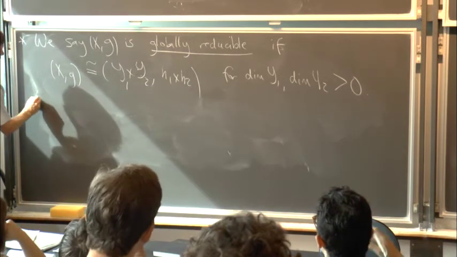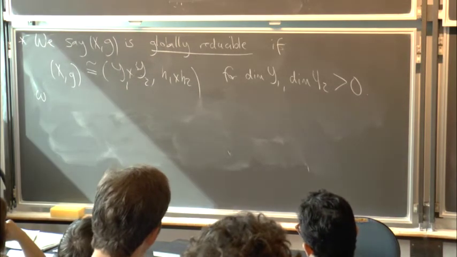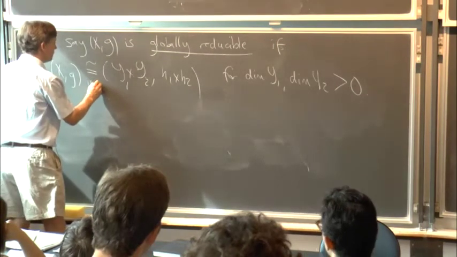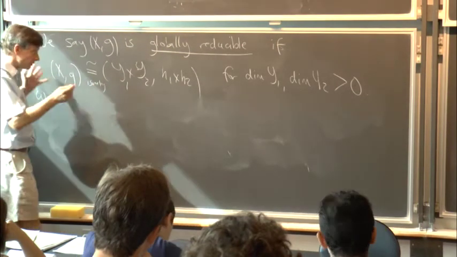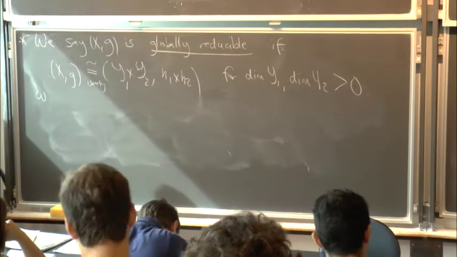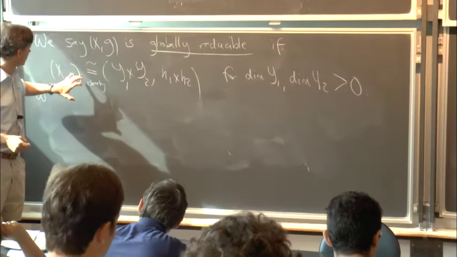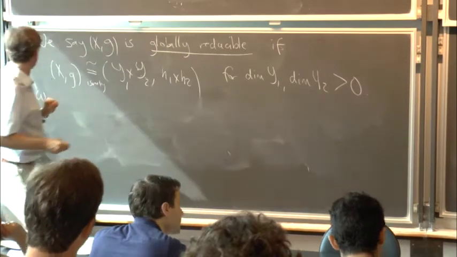Okay, so, sorry, when we say isomorphic, what's isomorphism in this? Isometry. So the natural notion of isomorphism of Riemannian manifolds. So there's a diffeomorphism from there to there which identifies g with that.